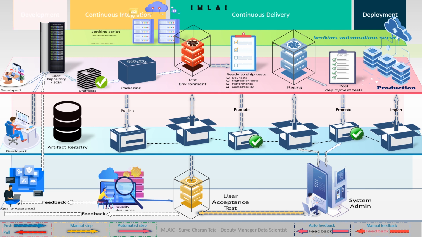The next step is we have to write a Jenkins script. It's a Groovy script. We will write a Jenkinsfile using Groovy script. Whatever activities you want to automate, all activities as soon as the code has been pushed to the code repository or SCM, from that moment, the rest of the activities should be completely automated.